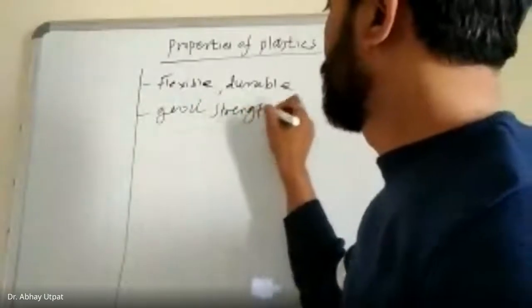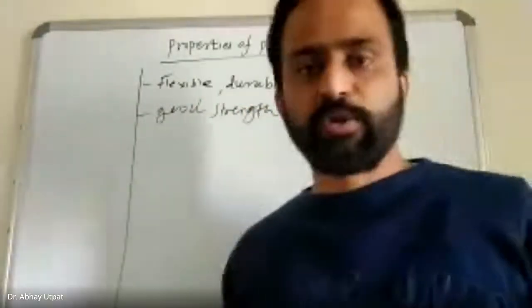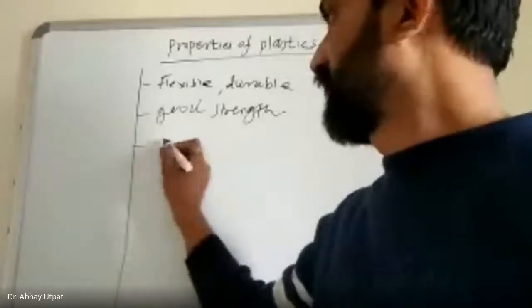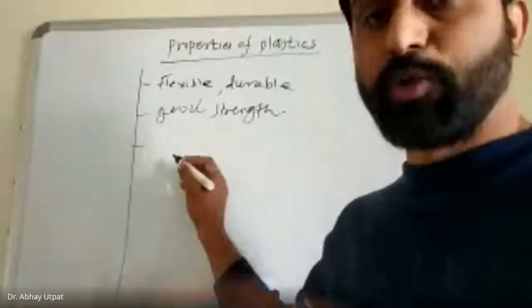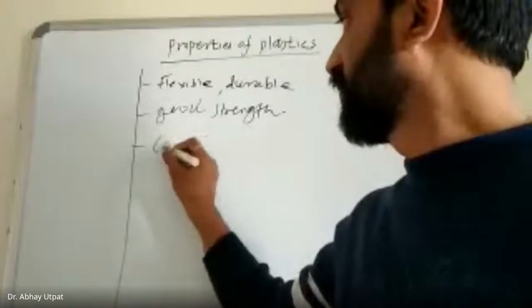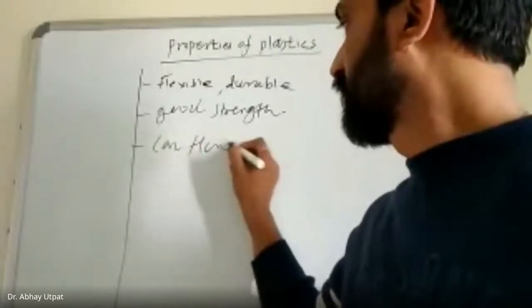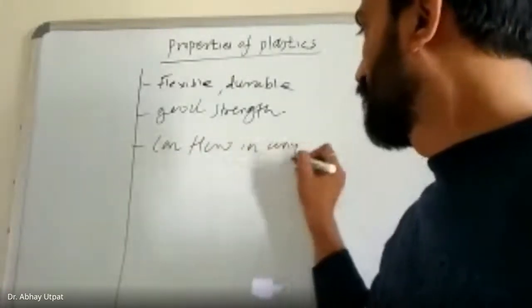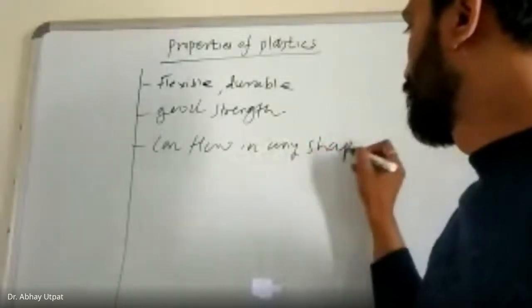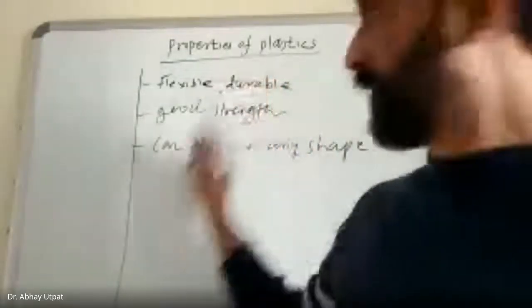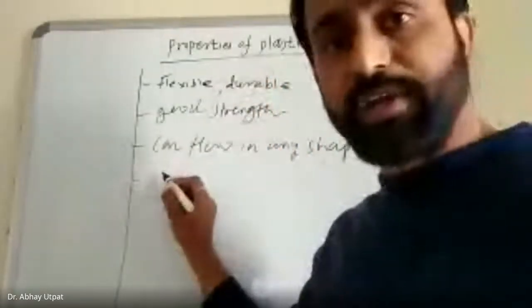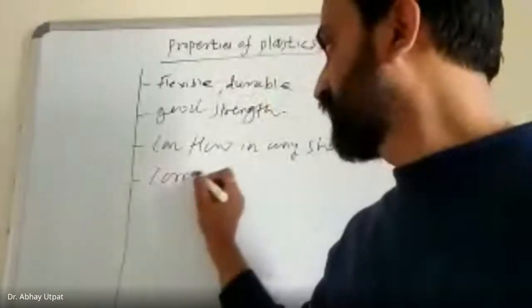Whether plastic is having good strength or not. Yes, sir. Good. Then it can flow into any shape. Already I told it is durable. No corrosion, or corrosion resistance. Yes or no?